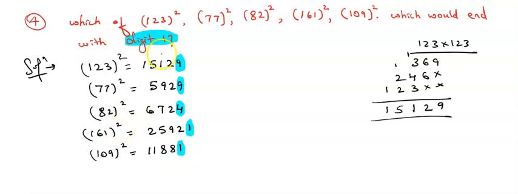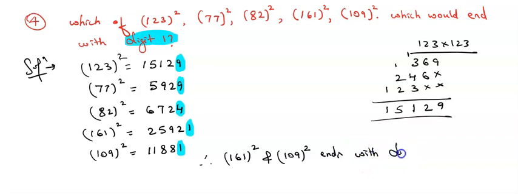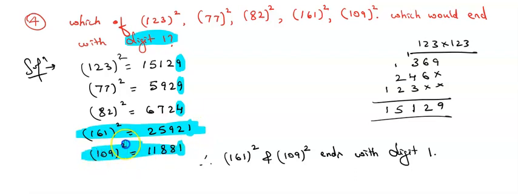Therefore, we can say that 161 whole square and 109 whole square end with digit 1. So the correct answer is 161 whole square, as you can see it ends with digit 1, and 109 whole square also ends with the digit 1. So this is the right answer.